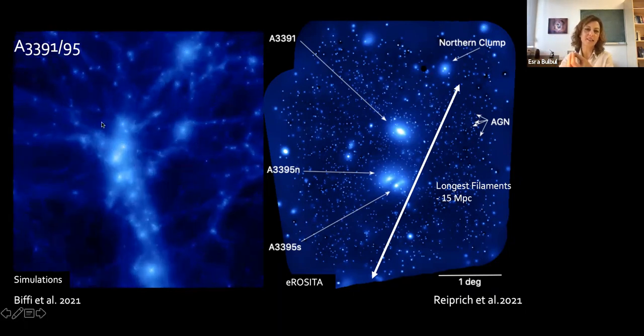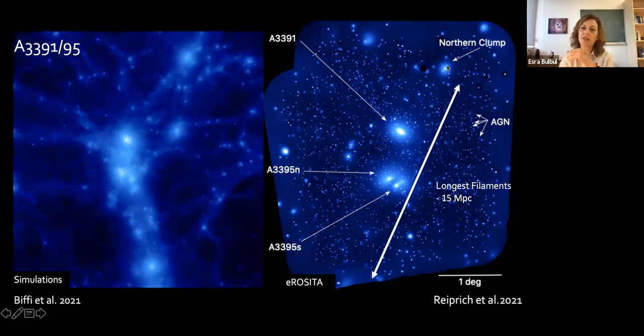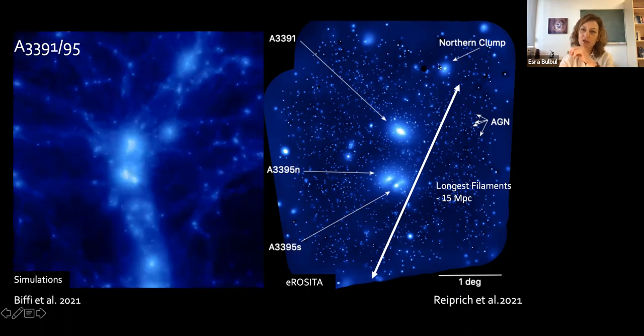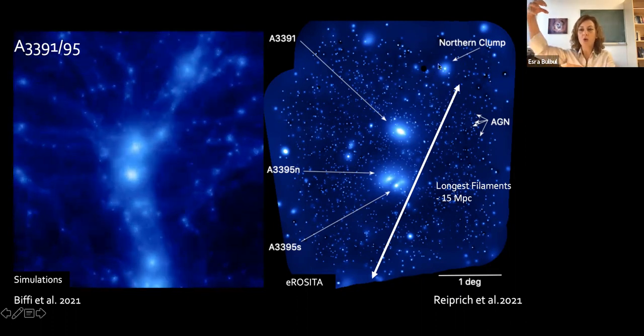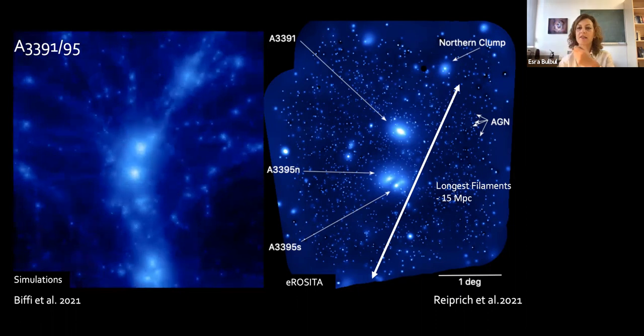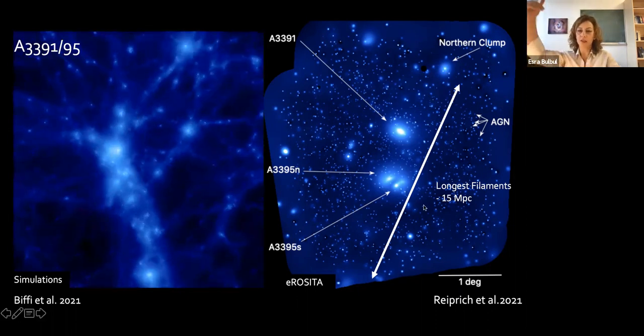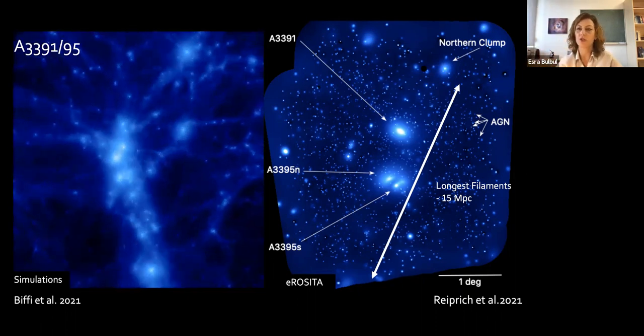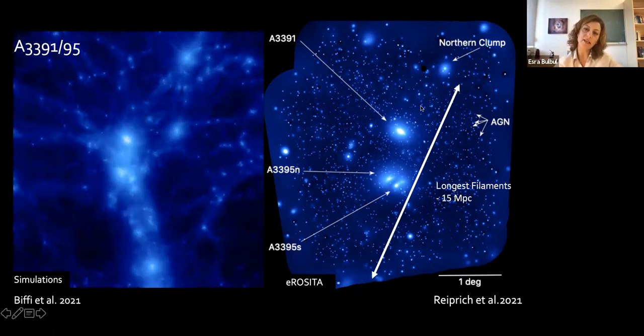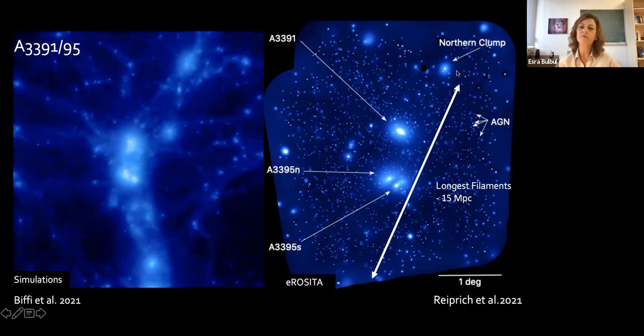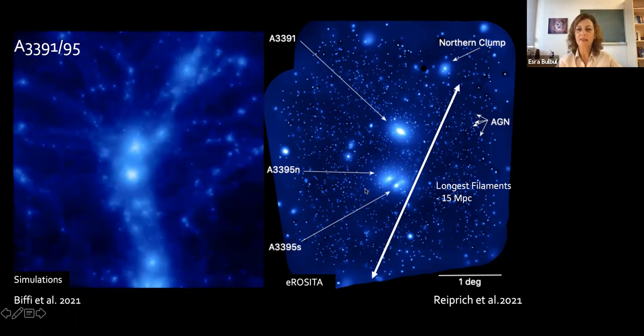It's exactly like simulations. So there are some southern halos. These are low mass groups which are falling onto this cluster merger system slowly along the filamentary region. So we expect the filament extending this way. And you can see the massive galaxy clusters.